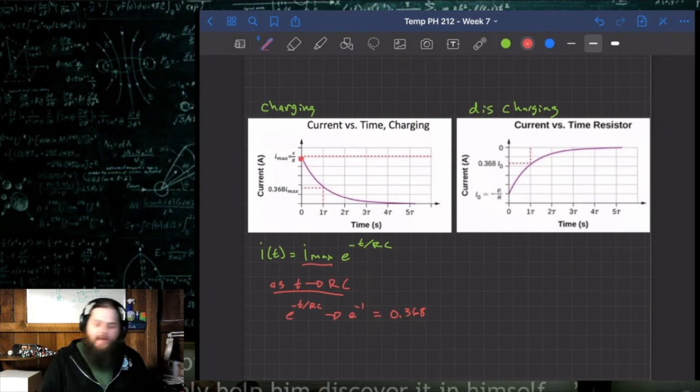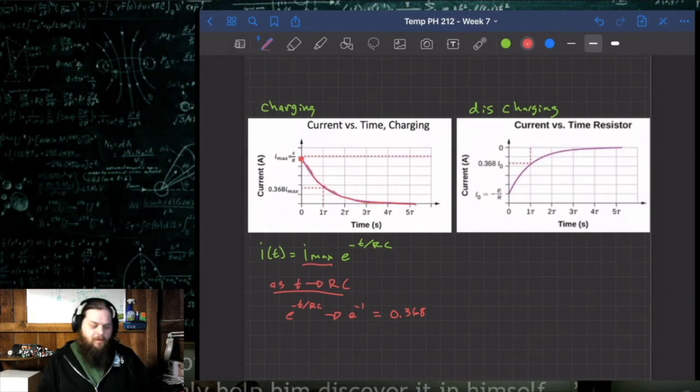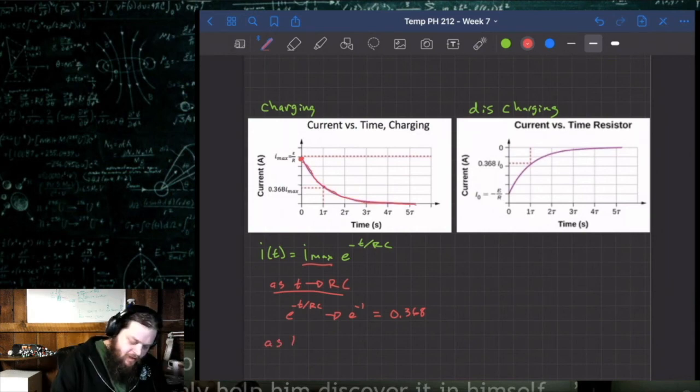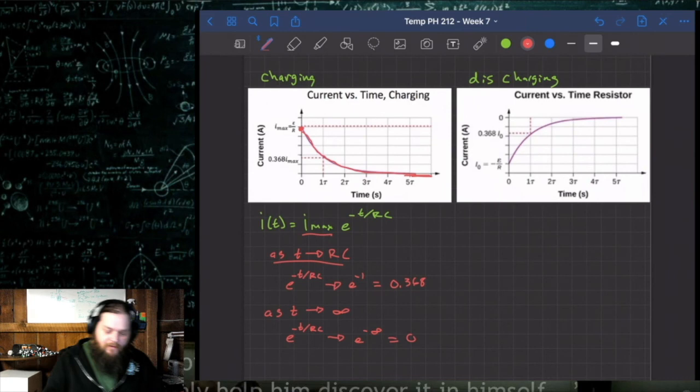But as that capacitor charges up, the current gets smaller and smaller until it goes down to 0. And we can see that in the equation. So as t approaches infinity, e to the negative t over RC is going to approach e to the negative infinity, which is equal to 0. So at that point, current is basically 0 after about 5 tau.